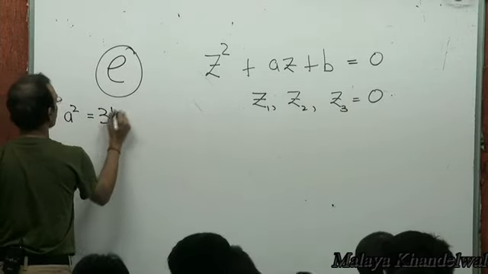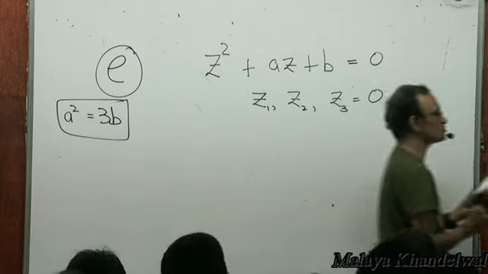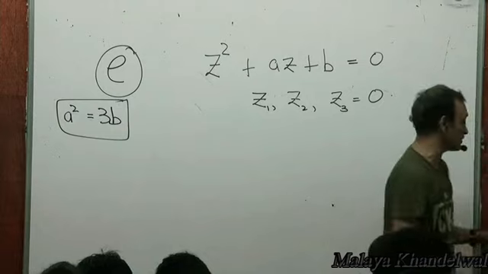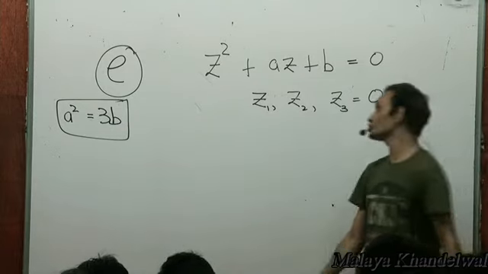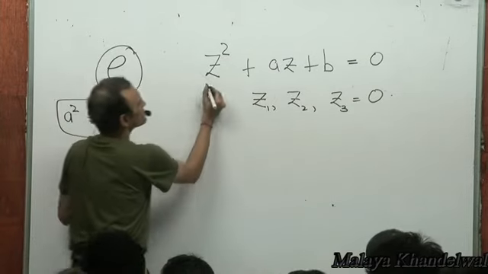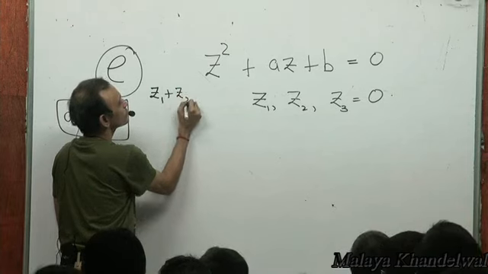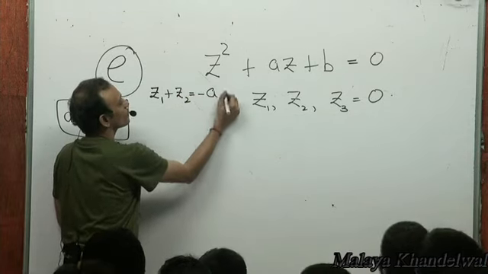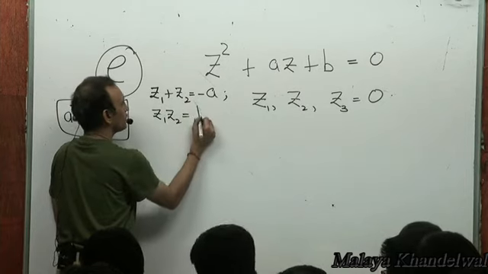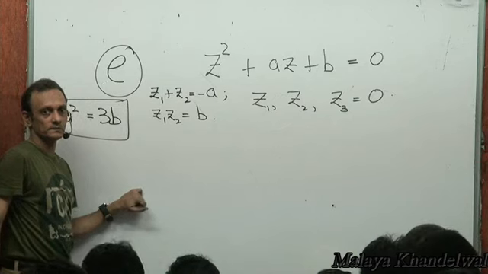If z1, z2, z3, where z3 is 0, are the vertices of an equilateral triangle, we want to show that a squared is 3b. Hey, one thing, if z1 and z2 are the roots of this, then what is z1 plus z2? Minus a. What is z1 z2? b. Yes or no?